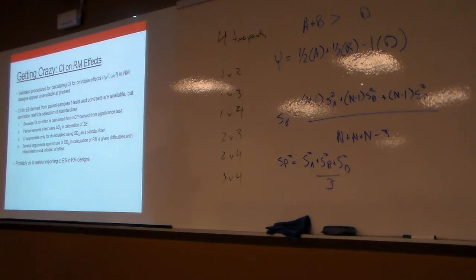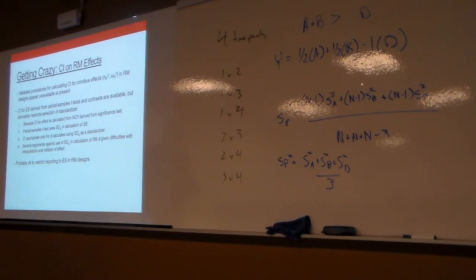What we want to do is make sure that the point estimate for our effect is based on the same variance estimate as we're using in the calculation of our test statistic. Because if we start to cross that, particularly for repeated measure designs, things start to get tricky. Otherwise, I've got an upper and lower bound for an effect size and a point estimate that doesn't fall in that confidence interval, which is clearly problematic, right?